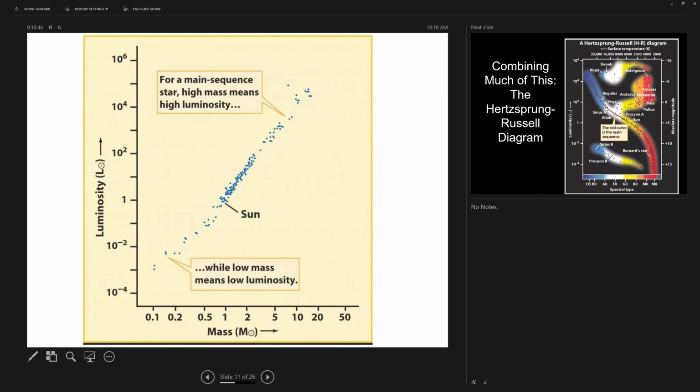All right, but here's the mass-luminosity relation. And by the way, this is a graph that has a logarithmic axis in the vertical and the horizontal direction, which means if you move a particular distance on this vertical axis, you're always moving the same multiple. So you start off at a luminosity of 10 to the minus 4, which is 1/10,000th the luminosity of the sun.